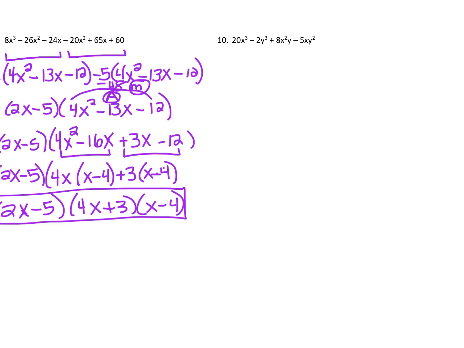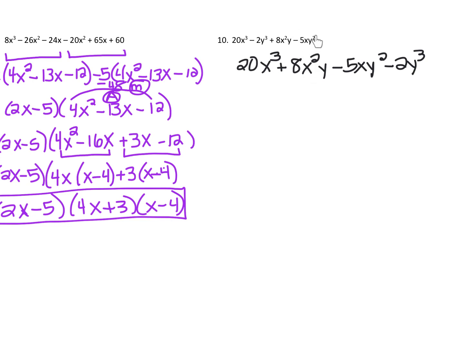Okay, so again, what I did was I looked at x to the 3rd. You want to put these in standard form according to the exponents on the x's, so you want the exponents on the x's to go in descending order. So the positive 20x cubed went first. The positive 8x squared y went second, because x to the third, x to the second.